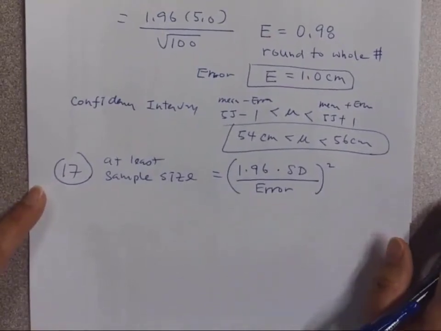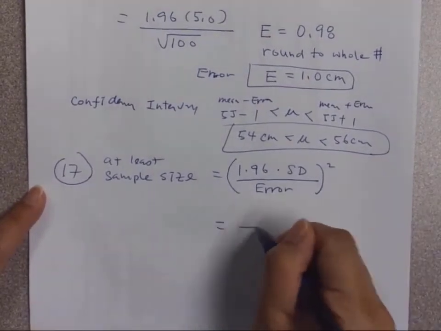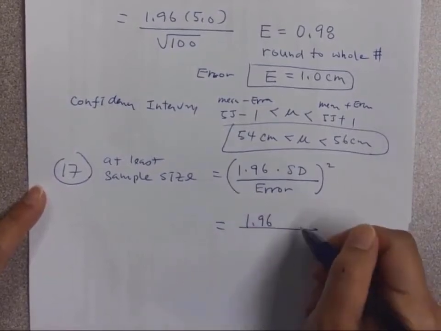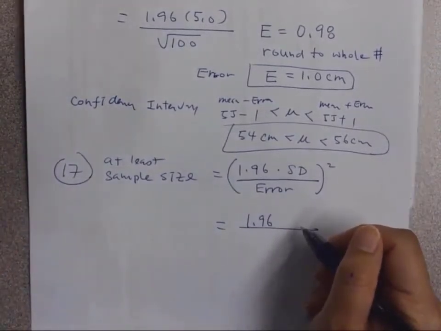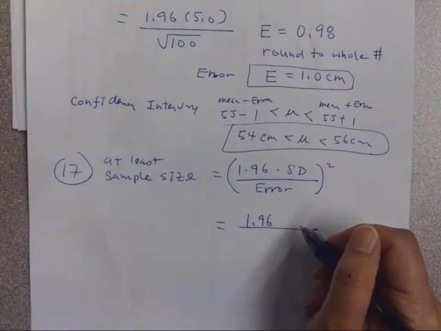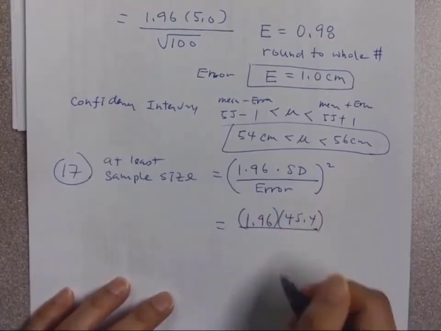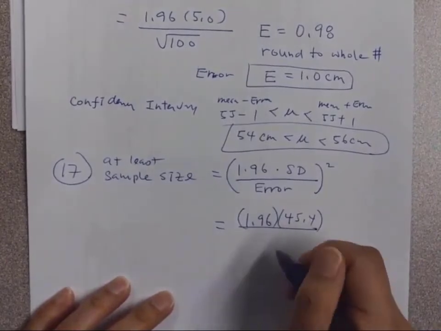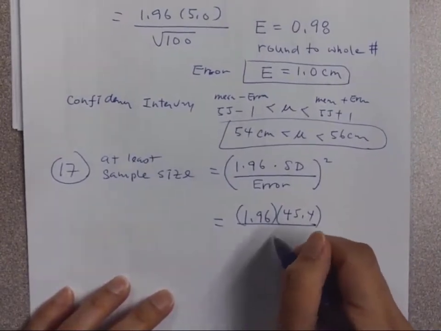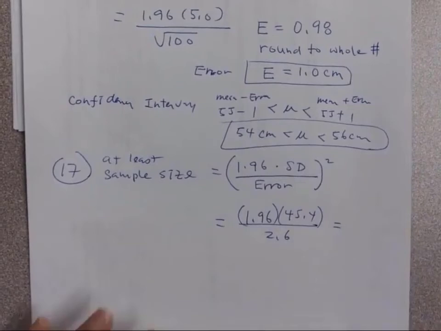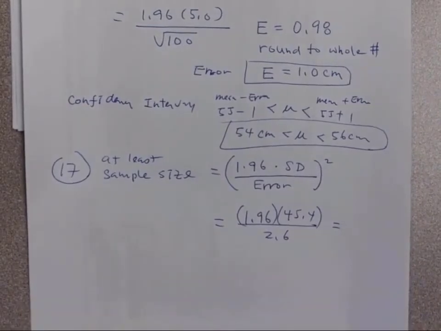Alright, so this one, help me to plug it in. What do we have? 1.96, what is my standard deviation? 45.4 minutes divided by error is 2.6 minutes. Okay, somebody have the answer.